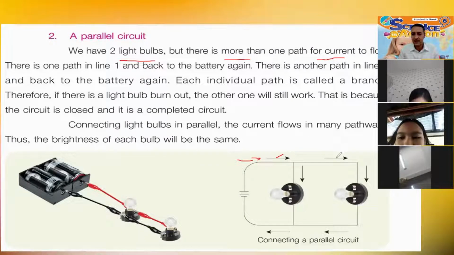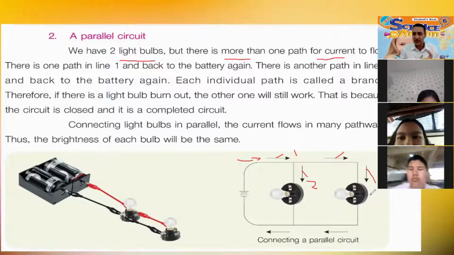This is the first path, and there's another path. So path number 1 and path number 2. So here the flow of current has more than one path. Path 1 is line 1 and back to the battery.